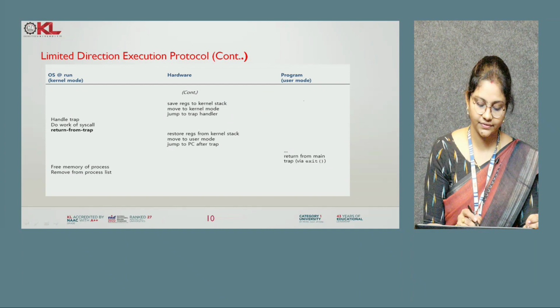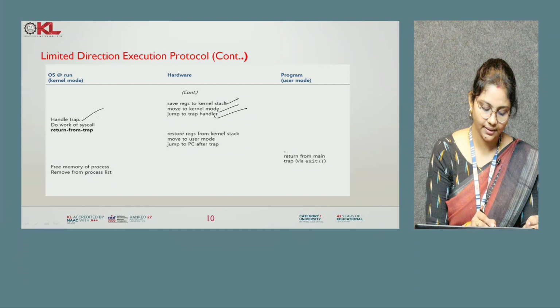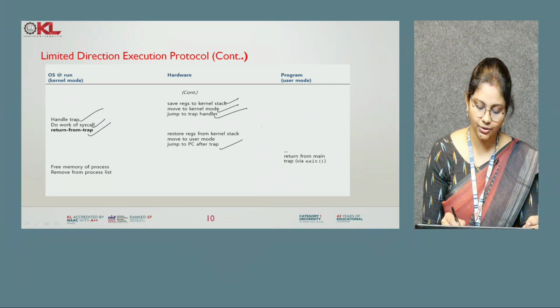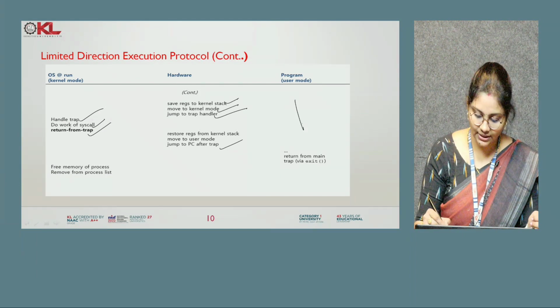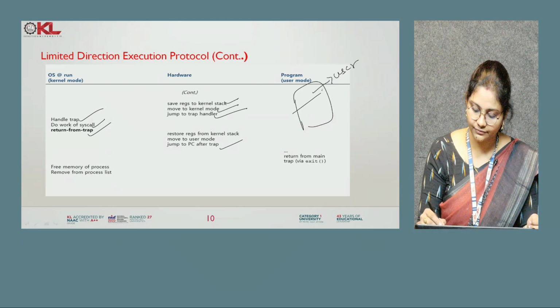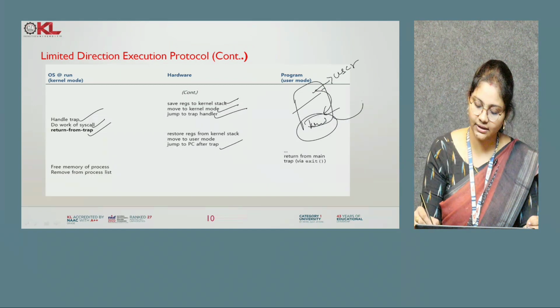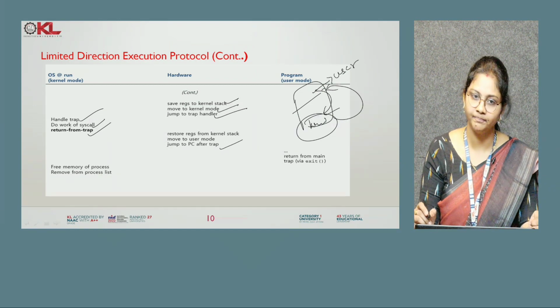Now see, save registers to the kernel stack and move to the kernel mode, jump to the trap handler. Okay. So handle the trap, do the work of the system call and return from trap, and then move to the user mode. So if a trap occurred in user mode, we will handle the trap function and move to the kernel mode. Again the work is done, we save the state in kernel mode, and again we get back to the user mode.